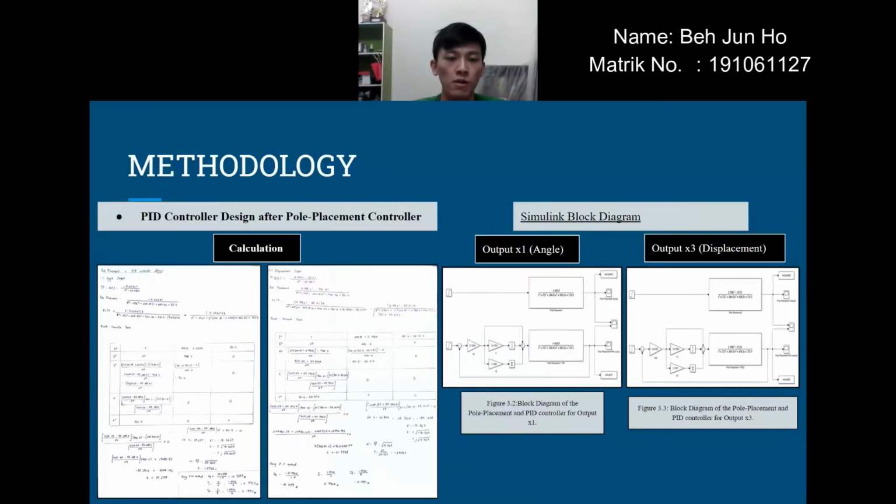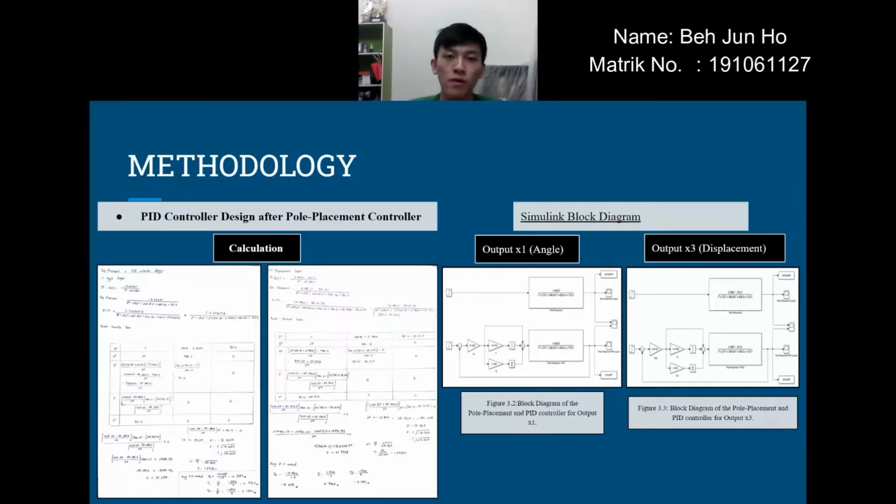After we use the pole placement controller, we apply the PID controller onto the system. Firstly, we use the transfer function just now and make it into the closed loop transfer function, and we insert the equation into the Routh-Hurwitz table.